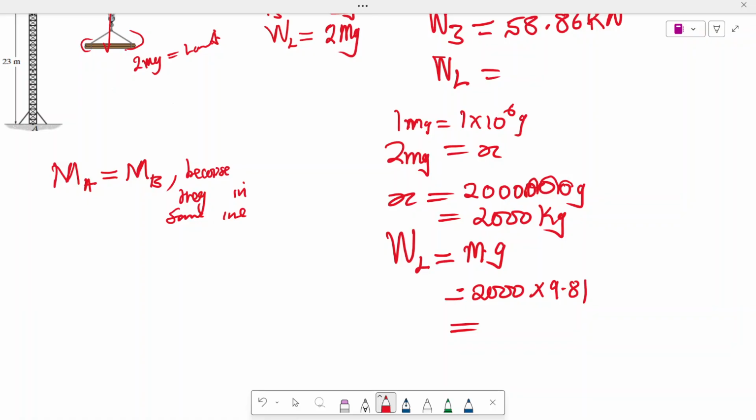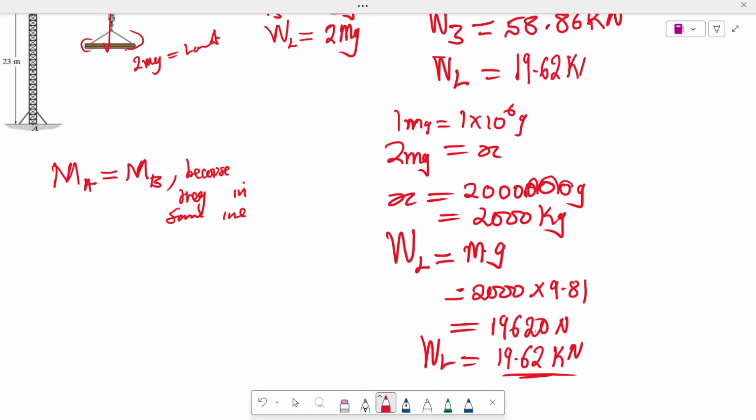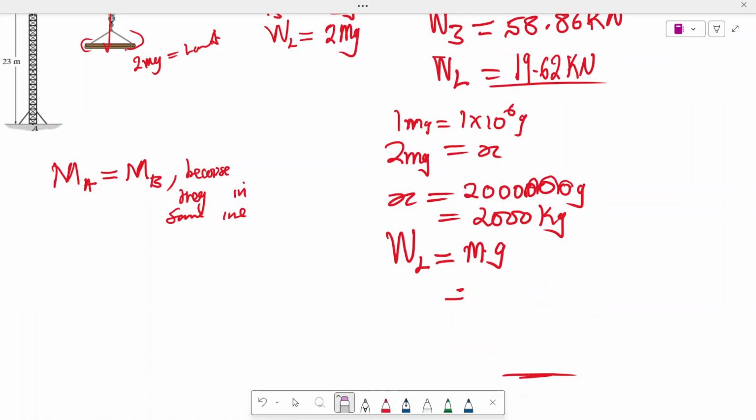This is going to give us 19620 Newton, which is equal to 19.62 kilonewton. So we are done converting this to forces.